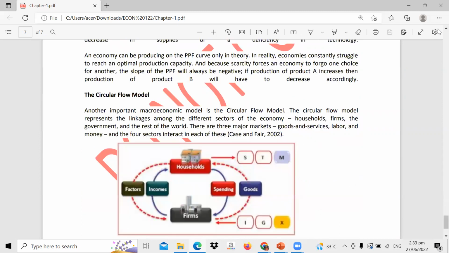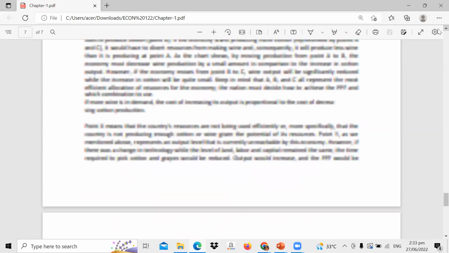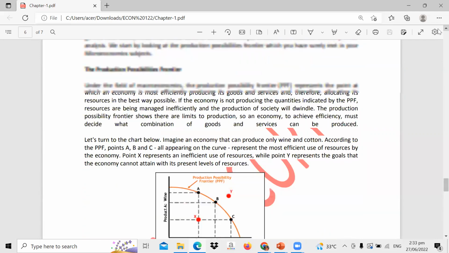Okay, so ato lang i-review, when we say production possibility frontier for a while, it represents the point at which an economy is most efficiently producing its goods and services and therefore allocating its resources in the best way possible. Okay? So still dapat ma-attain gihapon ni, ma-maximize ang atong PPF.